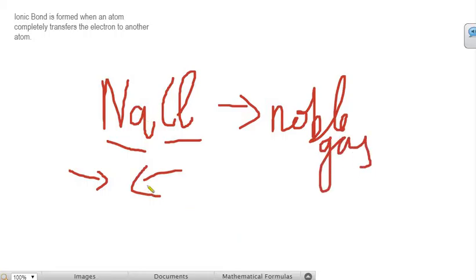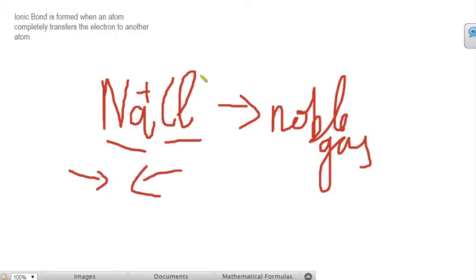So what does Na, that is sodium, do? It gives away one electron to chlorine, thereby receiving the plus.